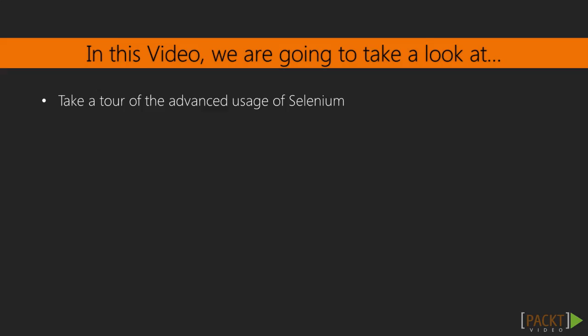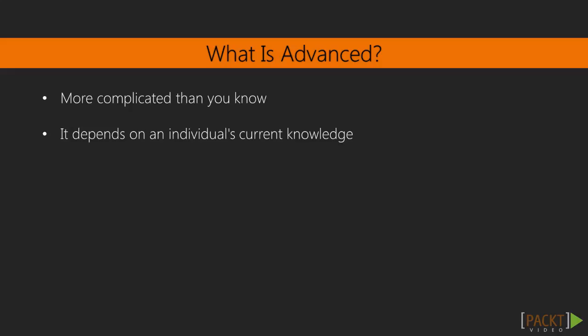And the question you may have is, what is left that could be more advanced? Let's take a step back and ask ourselves what is advanced. I think advanced will be anything that is somewhat more complicated than you know at the moment. In other words, it depends on your current knowledge and what you expect to use the tool for.